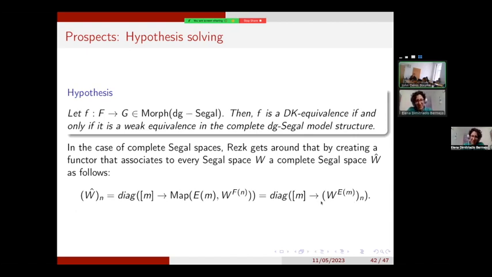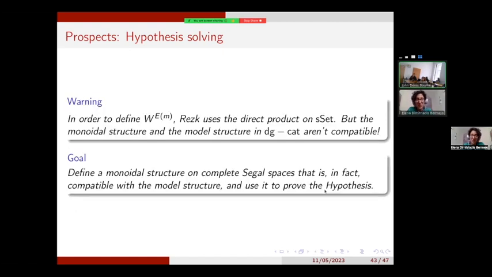The problem is that in order to define this, we need to be able to define this exponential. And to define that exponential, Rezk uses the direct product on simplicial sets. Except that, as we have said before, in the case of DG categories, the monoidal structure and the model structure are not compatible. So that exponential is not well defined for us.